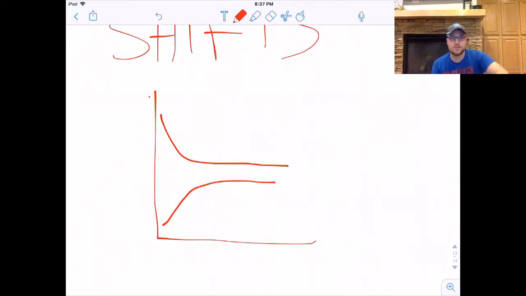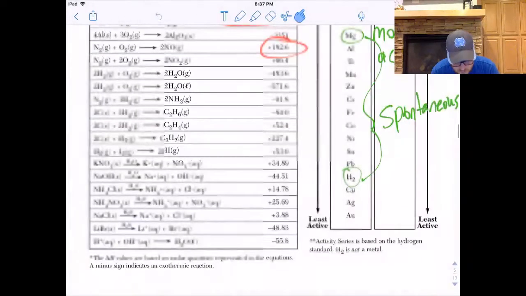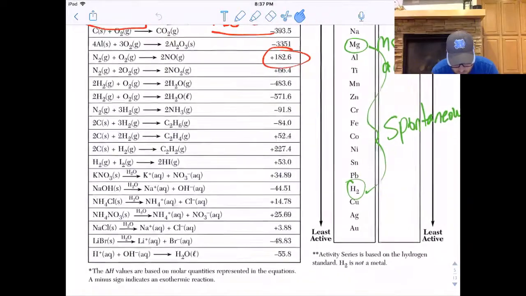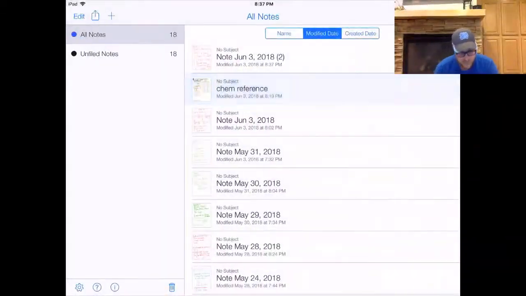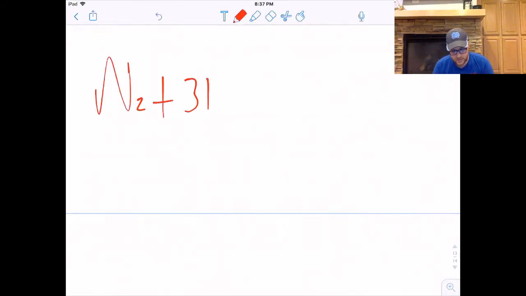Let me just look up, I think ammonia is on Table I. I'm going to look up its 91.8. Okay, so when ammonia is being formed, when you take nitrogen and react it with hydrogen to form ammonia, and these are all gases, let me write it smaller, because I can't fit what I wanted to fit.